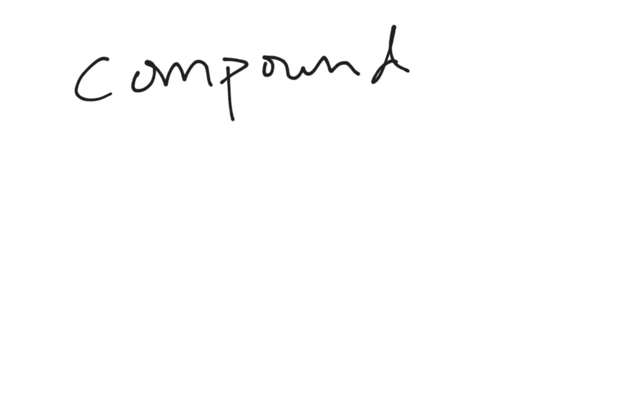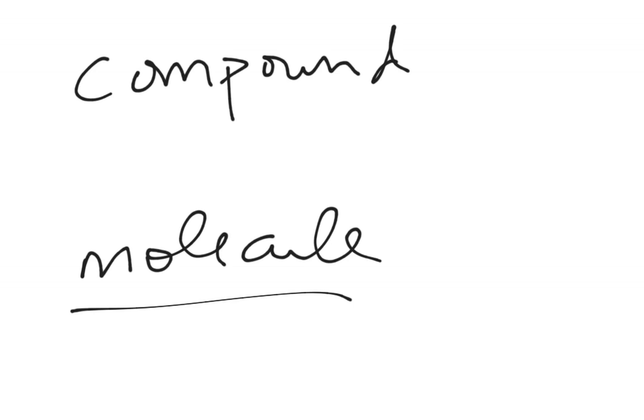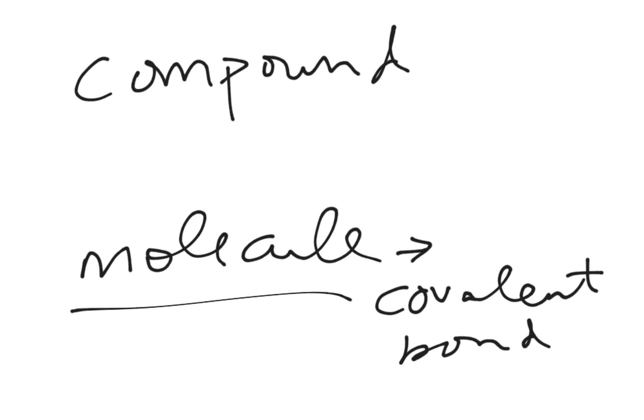First thing that we've got to know is the difference between a compound and a molecule. Right? So far we have done a lot of things with molecules. A molecule is any time that things are covalently bonded together. So, you know, water. They're all covalent bonds. They're very polar covalent bonds, hydrogen bonding between them and everything like that, as we've learned.